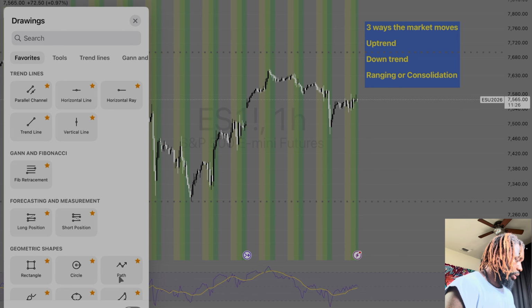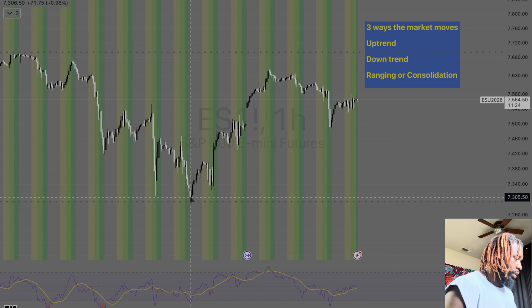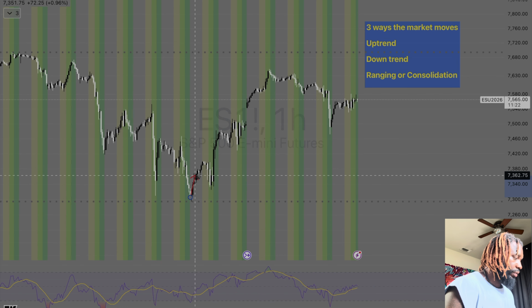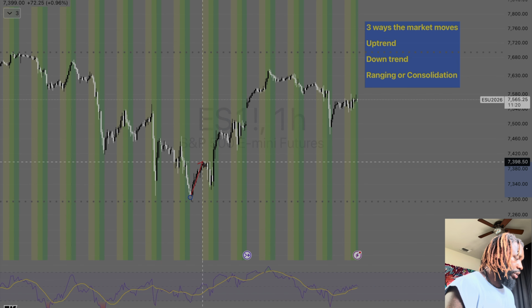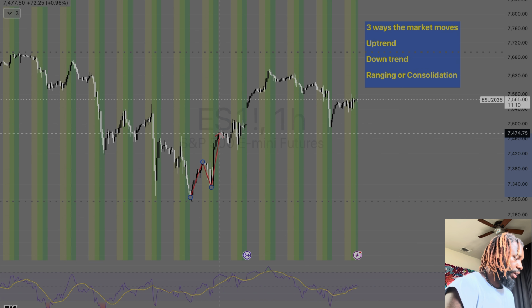This is what an uptrend looks like. Let's say you start from this low here. Price went, made a high, it made a lower high, it made a higher high, it made a higher low, it made a higher high.